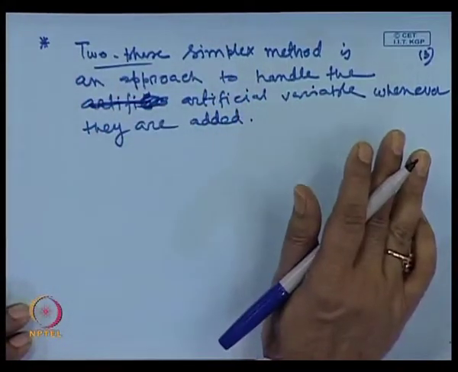In the first phase we will eliminate the artificial variables from the problem. That means, how is the artificial variable going to be formed? All the artificial variables are considered as an artificial cost function. Suppose we have more than one artificial variable, we add all our artificial variables together and consider them as an artificial objective function or cost function, and that cost function you have to minimize.